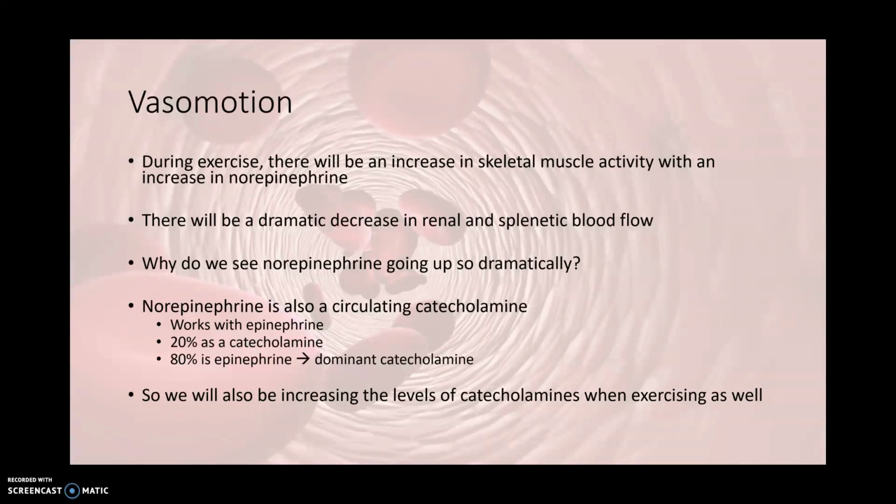We will also be increasing the levels of catecholamines when exercising. So not only are we increasing the level of norepinephrine and epinephrine as neurotransmitters coming from our brain, we're also going to be increasing norepinephrine and epinephrine as circulating catecholamines, which are hormones released from our adrenal cortex, right? Where do those sit? Those sit on top of our kidneys.